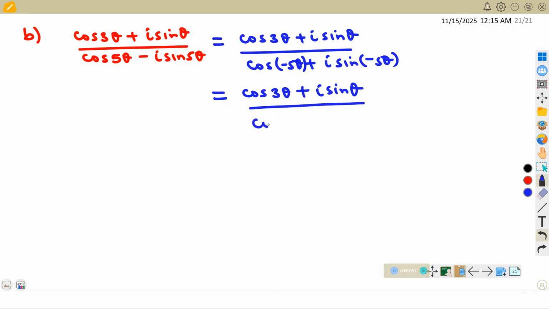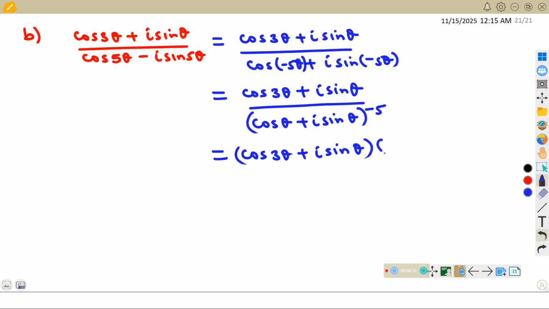This can be written as cos of theta plus I sine of theta, and this one here is to the power -5. Using de Moivre's theorem, we can write that. If this one was a 3, then you would also put this one out, and it could be easily simplified. But since this is the way it is given, please maintain it the way it is given. So this is cos 3 theta plus I sine of theta.